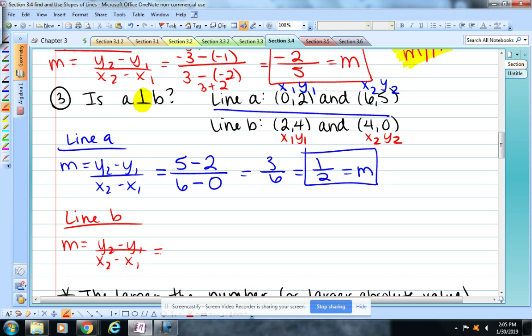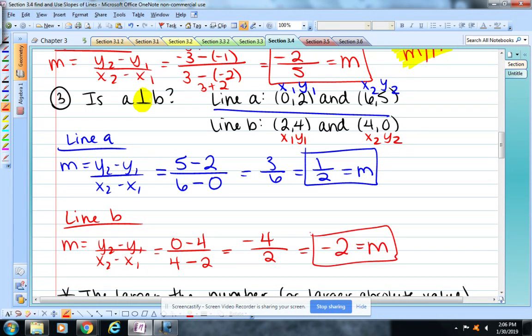So what number is Y2? 0 minus Y1. 4 over what's X2? Plus U minus 2. Simplify. What is 0 minus 4? Over 4 minus 2. 2. What does that reduce to? Negative 2. Now, we know these are not parallel lines because the slopes are not the same, right?